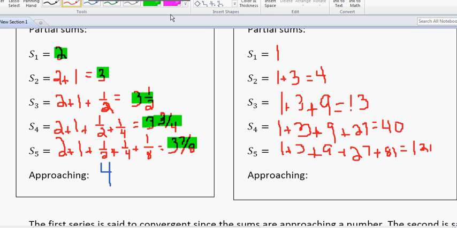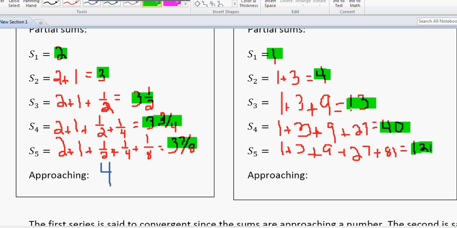They're quite different than the other ones. I have 1, 4, 13, 40, 121. Do you see how these sums are getting bigger and bigger?